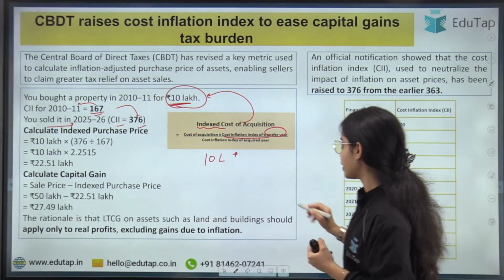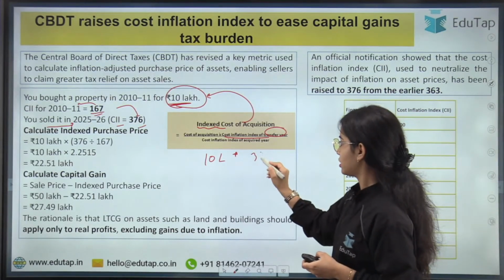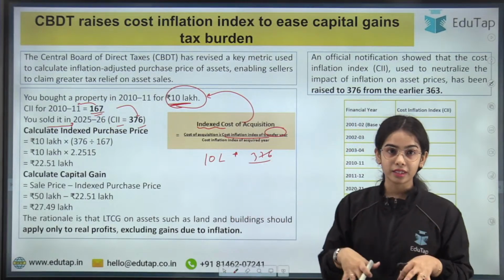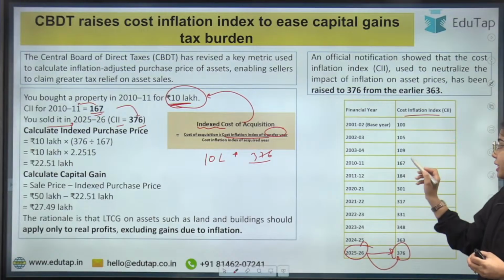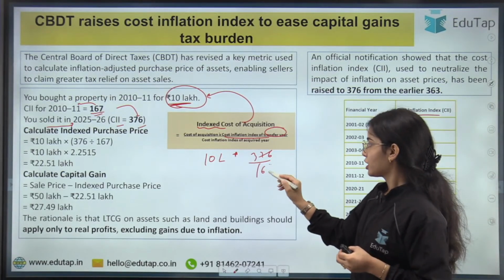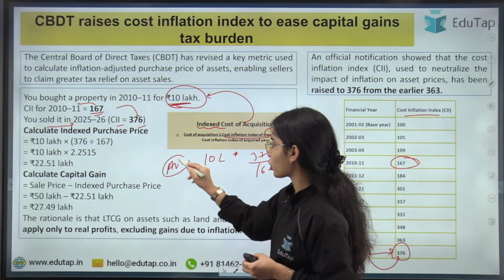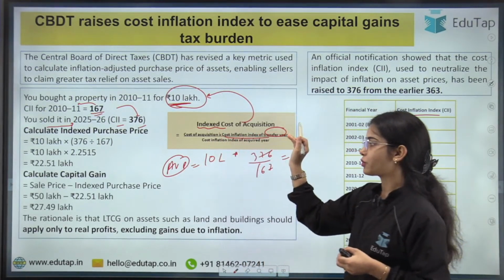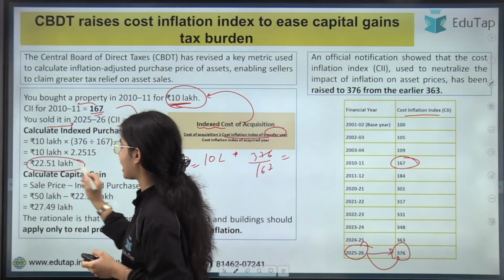The property is being sold in 2025-26 and the index is 376. When the property was acquired in 2010-2011, the CII was 167. So the indexed cost of acquisition, or the adjusted value of the property, is 22.51 lakh rupees.